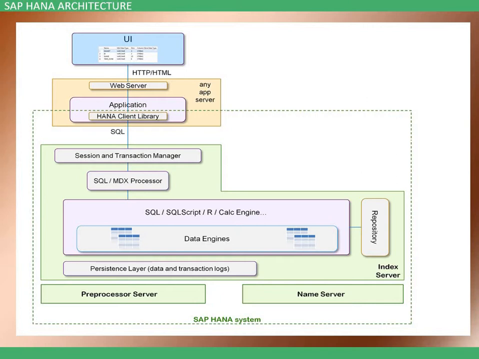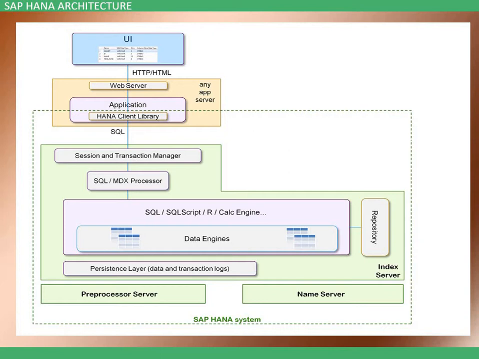The name server manages the topology of the SAP HANA system. Preprocessor servers are used by the index server for analyzing text data. The web dispatcher server processes inbound HTTP and HTTPS connections to access classic services.